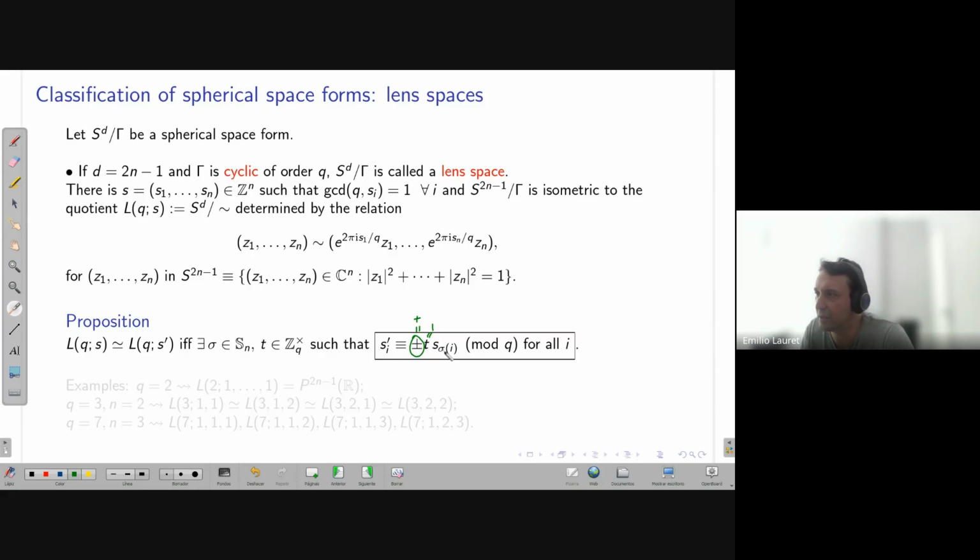This is telling us that we can permute the parameters, and of course, geometrically speaking, this will be an isometry. There is no change if you permute these coordinates. And the mod q means that if you add to s1 some multiple of q, this number will be the same, so it doesn't affect the action.